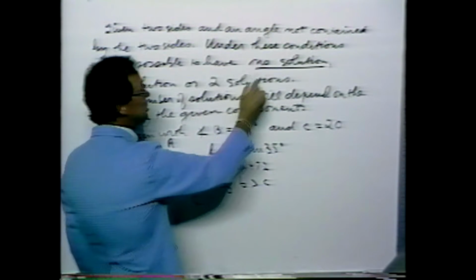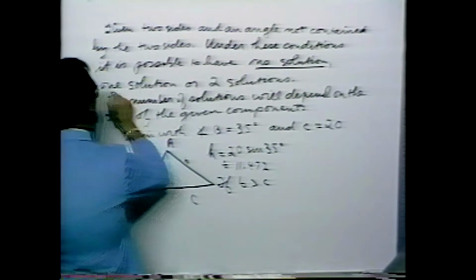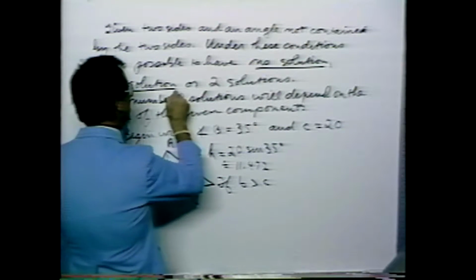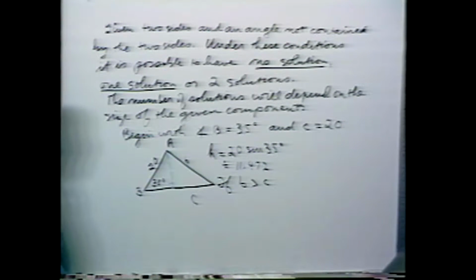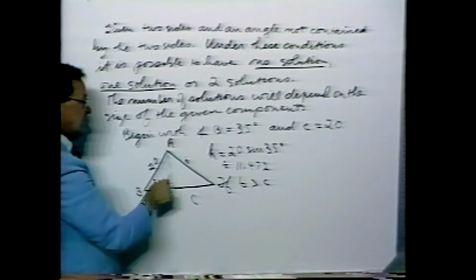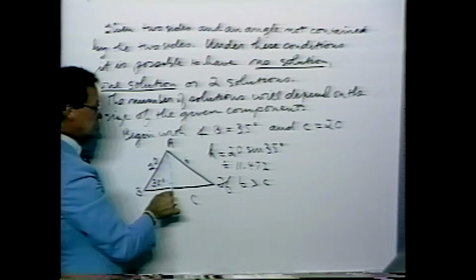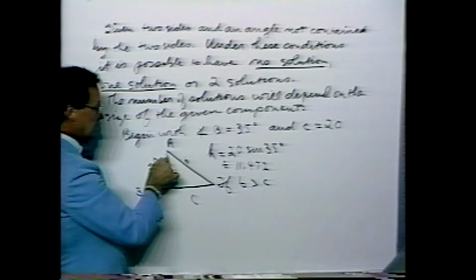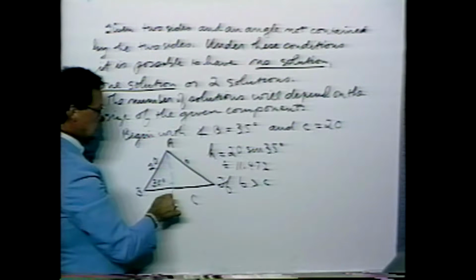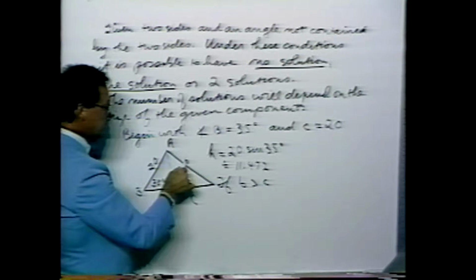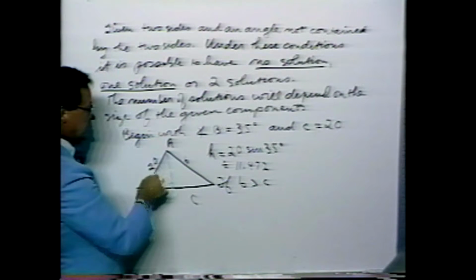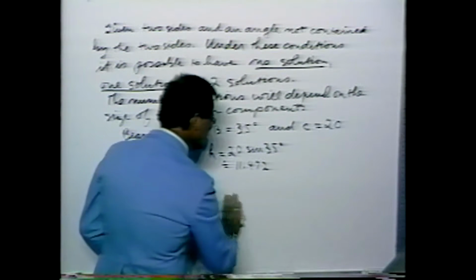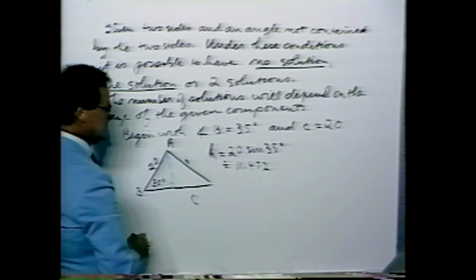So there are two situations where one solution may occur. One, if B is exactly equal to the altitude from A to BC, or when B is larger than this length given. I will complete the solution for the more difficult case.